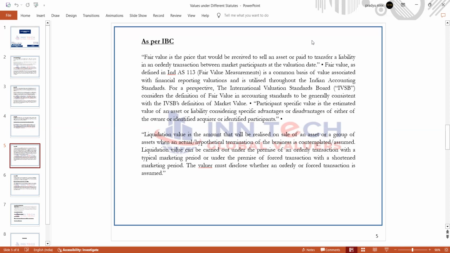Or a synergic value. If the property is under going concern and in working condition, then, sorry, synergic value cannot be taken here. It will be only the market value. Synergic value would apply, but if the company has come under IBC, it means there is no synergy.